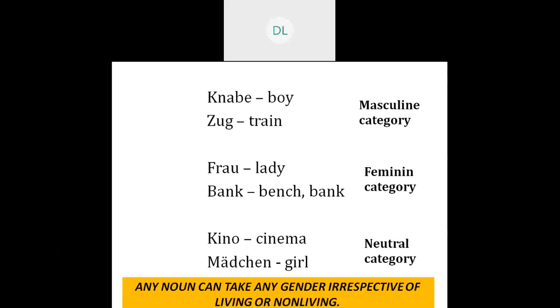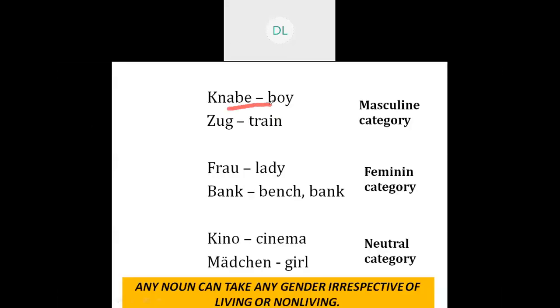Let's move ahead. Now I have a few nouns in front of you. The first one is Knabe. Knabe means boy, and it is coming under the masculine category.